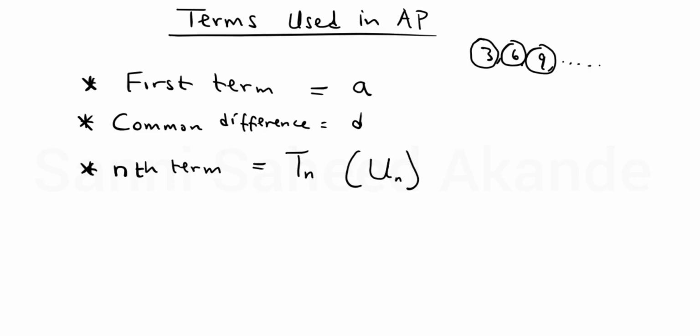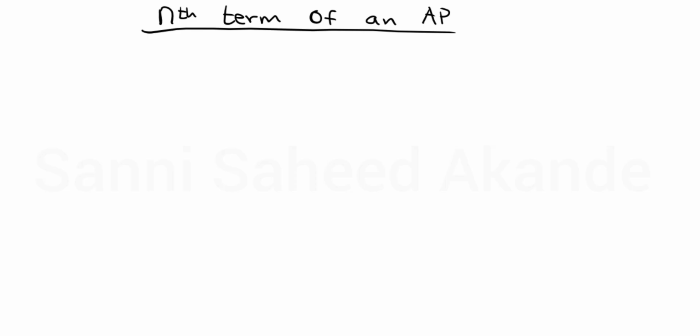So these are the basic terms that we are going to be using in arithmetic progression. All right, so now let's look at the nth term of an AP. This is where I'm going to give you the formula that we are going to be using throughout AP.